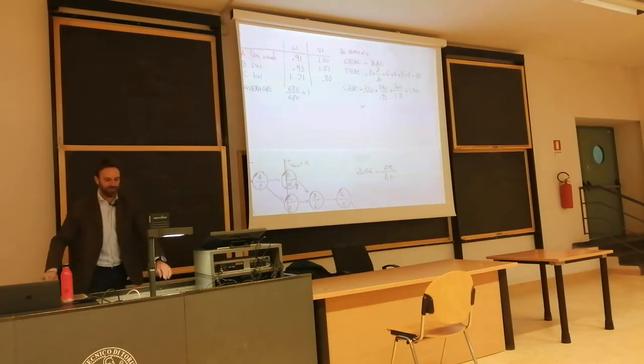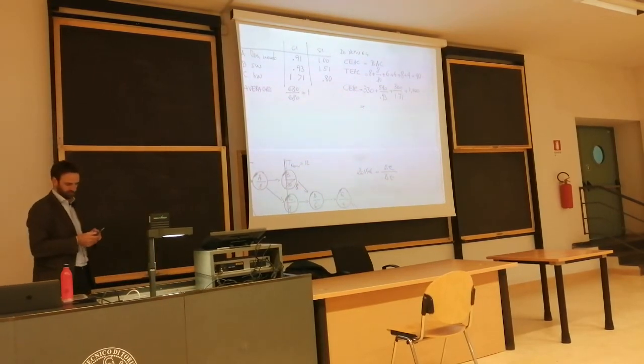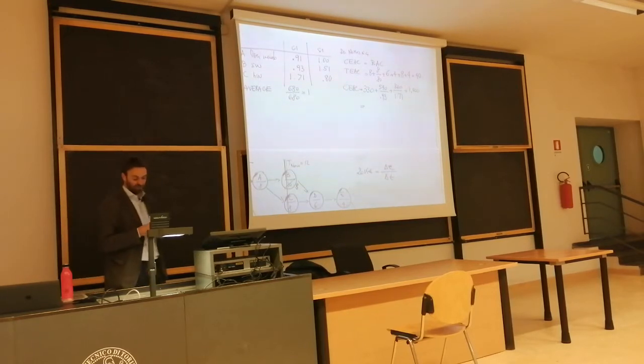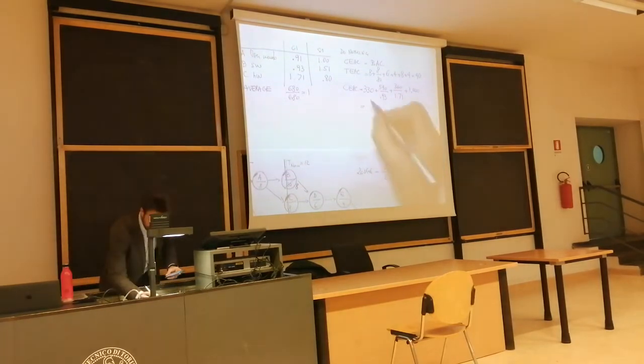And the total is 330 plus 540 over 0.93 plus 300 over 1.71 plus 1,000. 2,086.